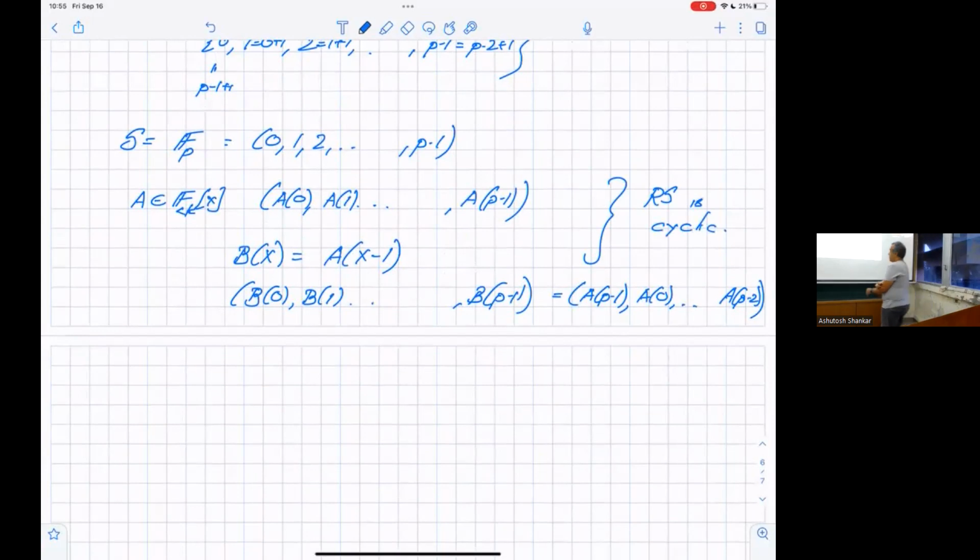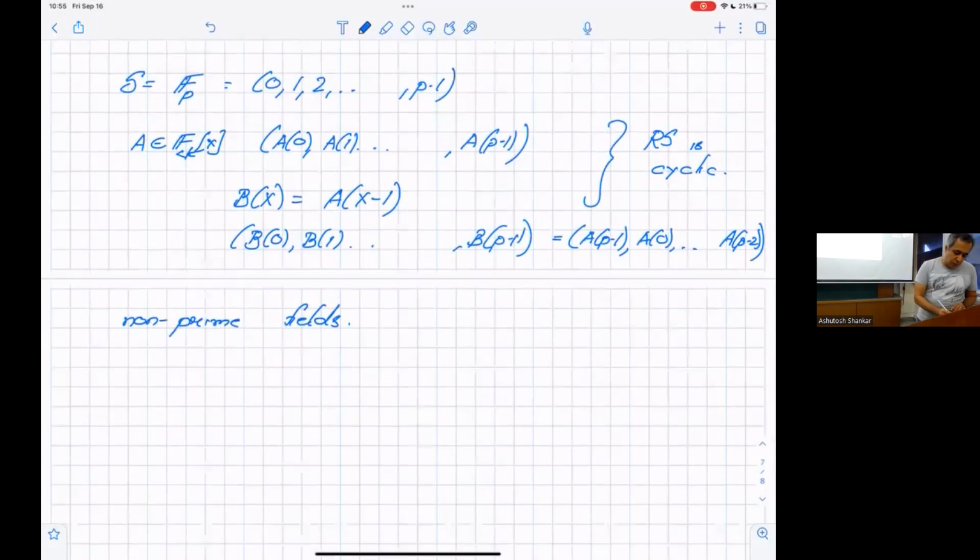It has a nice form. Now let's look at what about non-prime fields. This nice part disappears in non-prime fields. So let Q be p to the power r, with r not equal to 1. What I say here is true even for prime fields, but here we notice another property: the multiplicative group is always cyclic for any field. This is a non-trivial fact.